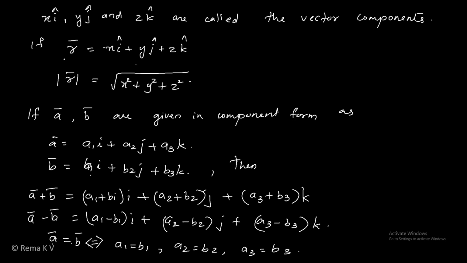Two vectors A and B given in component form are equal only if their corresponding scalar components are equal. That is, a1 equal to b1, a2 equal to b2, a3 equal to b3.